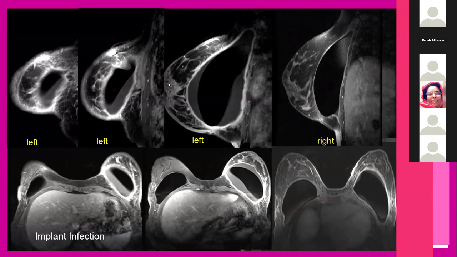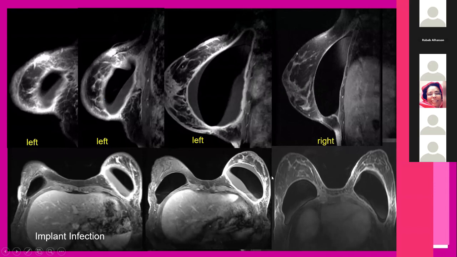But look at the diffuse edema with enhancement of the breast parenchyma and overlying skin, as well as enhancement of the capsule. The capsule is significantly enhanced and thickened. Compare it with the contralateral breast. Can you see it here? This is the axial. Can you see how thick it is here?